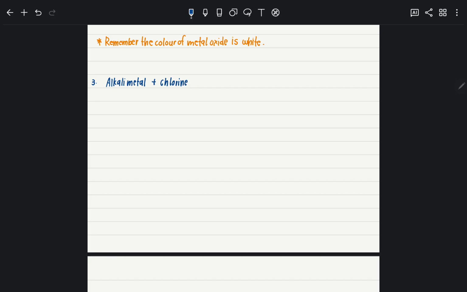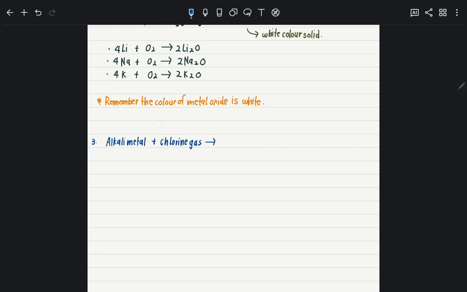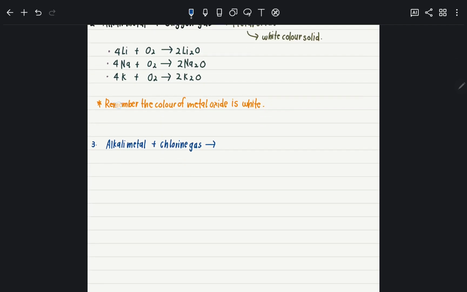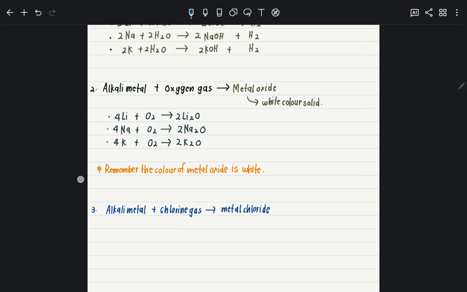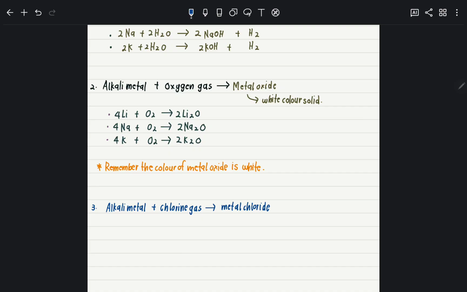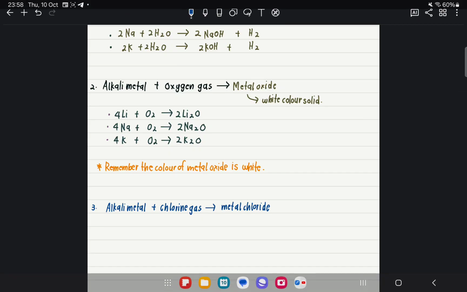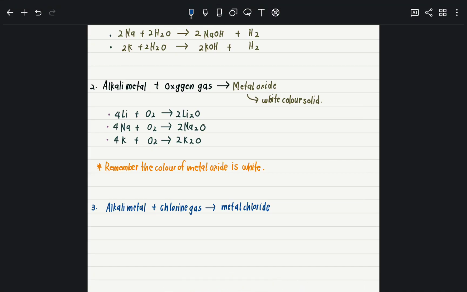When I put it with chlorine gas, this is how the story goes. Before, it formed metal oxide because of the oxygen gas. So now it will form metal chloride. That's all. If asked what is the difference when alkali metals react with oxygen and chlorine gas, if it reacts with oxygen gas it will form metal oxide, while if it reacts with chlorine gas it will form metal chloride.